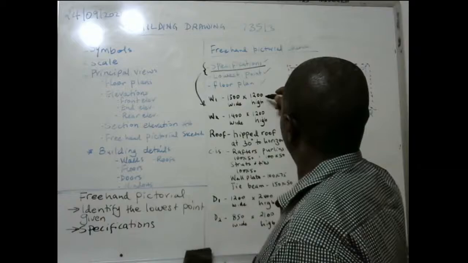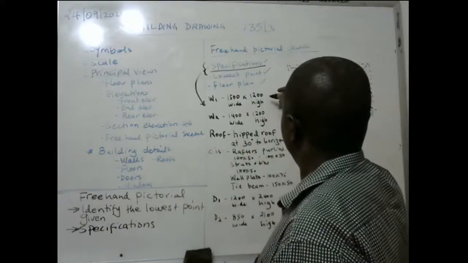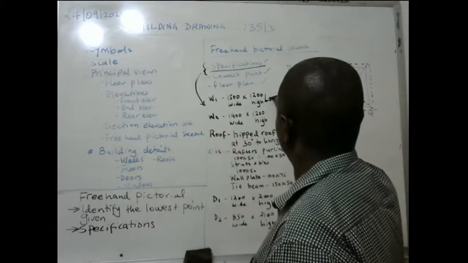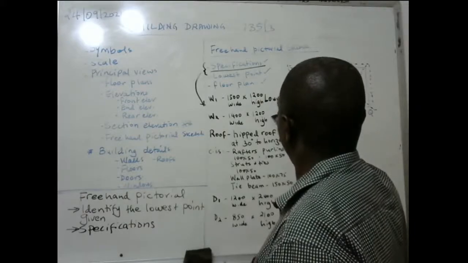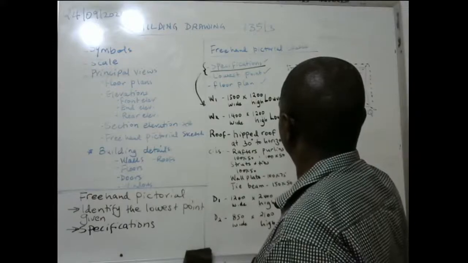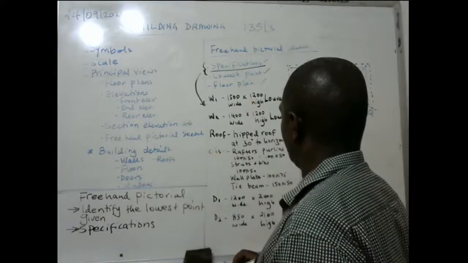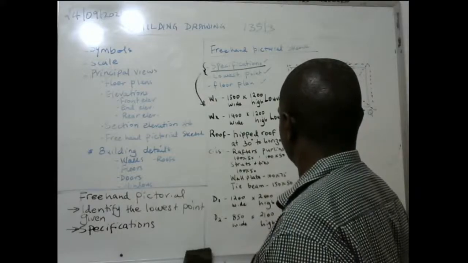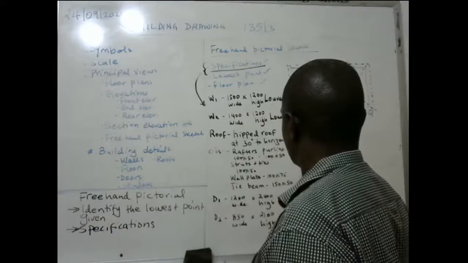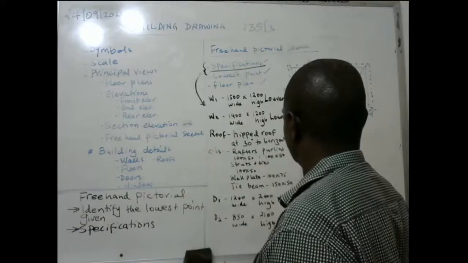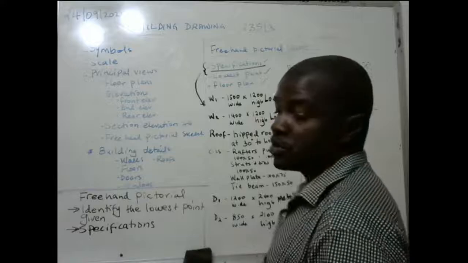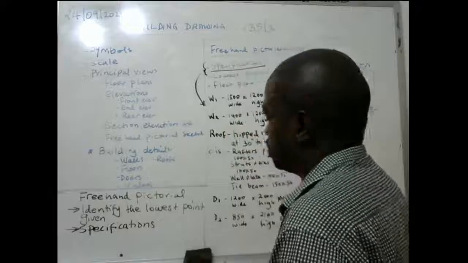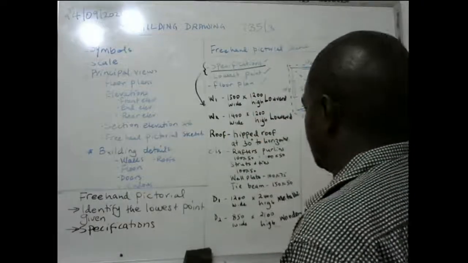If we want to make it more clear, let us say that this one is louvered. Even this one is also louvered. Then the doors are metallic. This one is metallic, and this one is wooden. All this information is usually given under what we have classified as specifications.